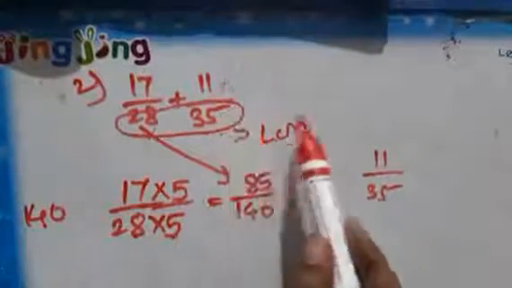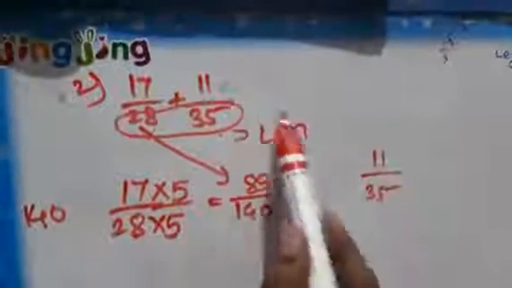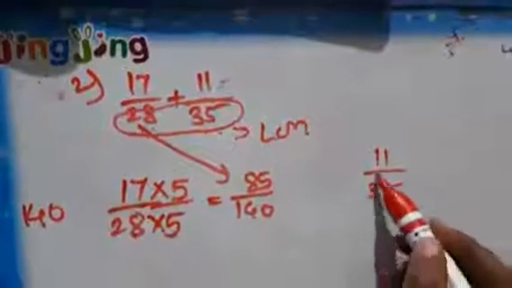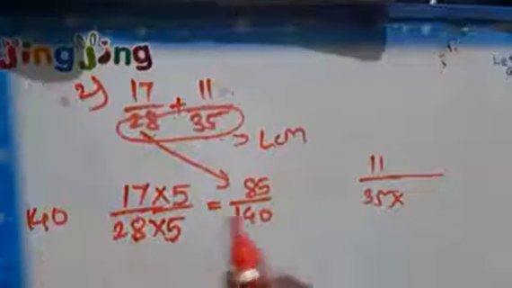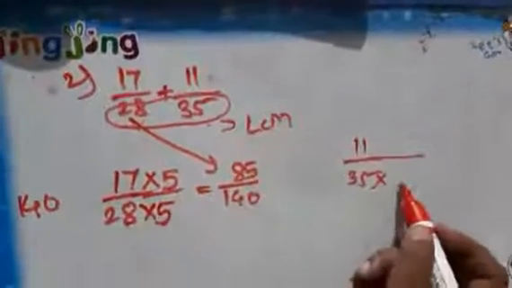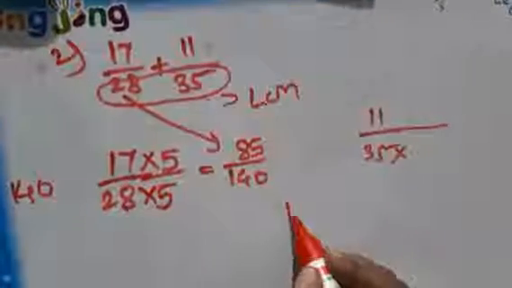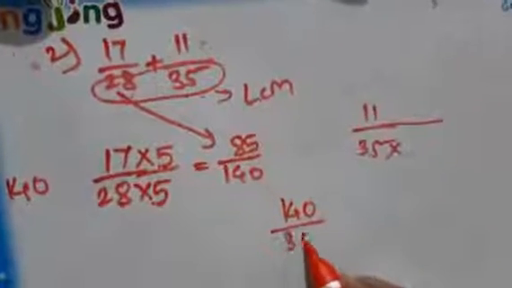The second number we will do in the same way. The second number is 11 by 35. This denominator we want to make 140. So how can we make this 140? Simply, 140 divided by 35.